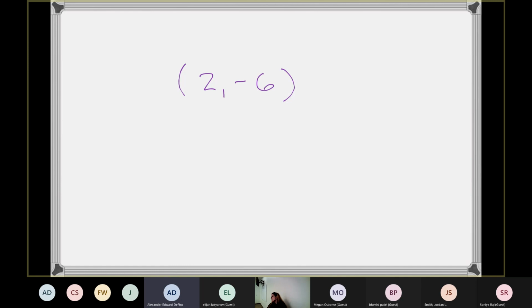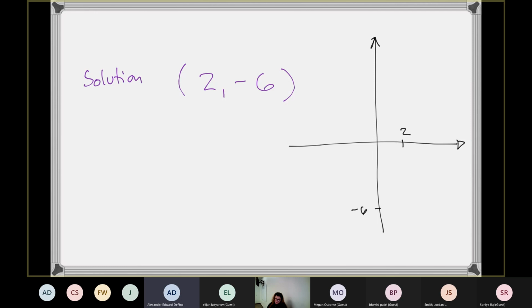You have the solution given, and you have to come up with a system of equations that has this point as solution. Here's 2, let's say -6 is here, and we are right here. What is a system of equations that has this point as solution?